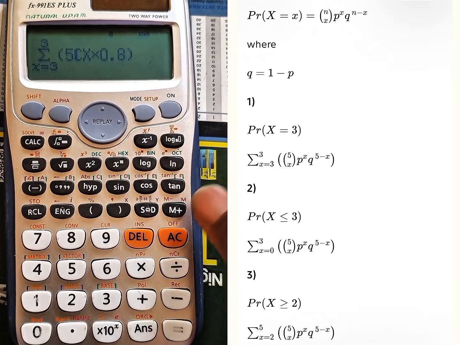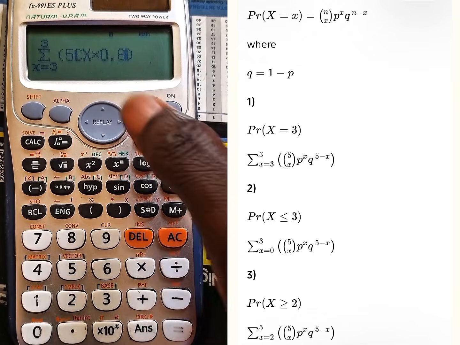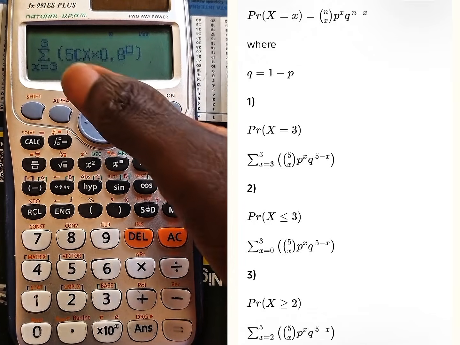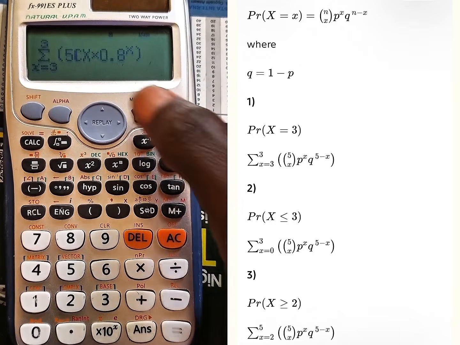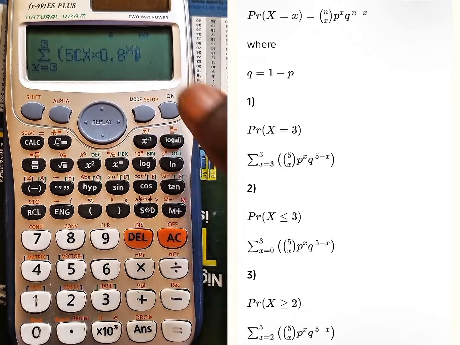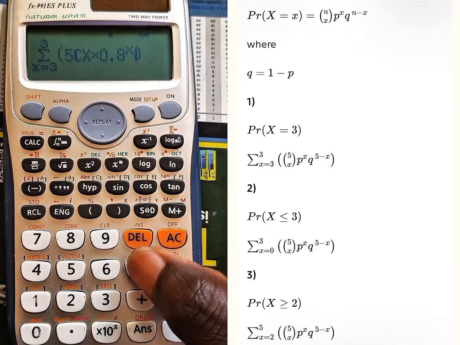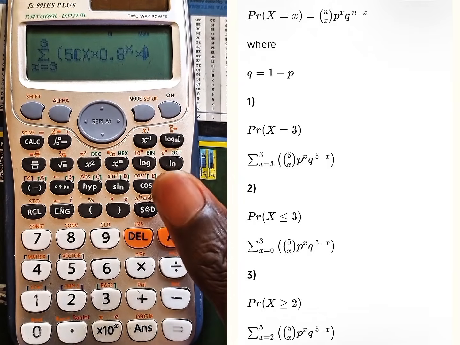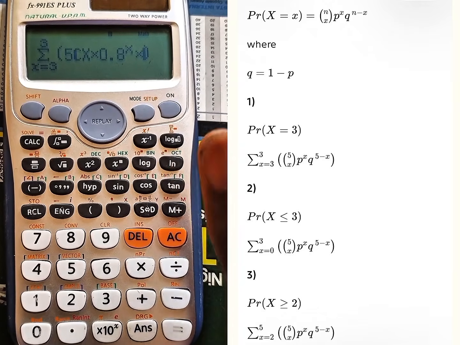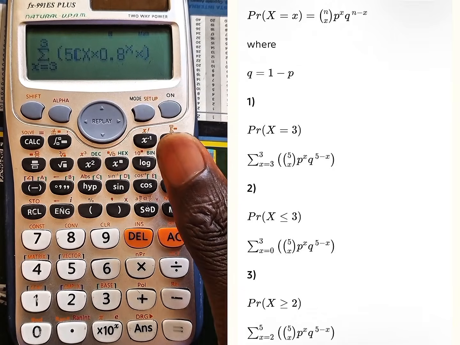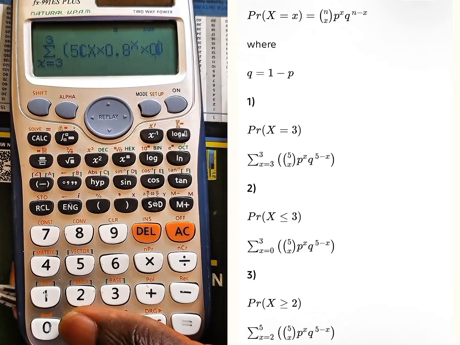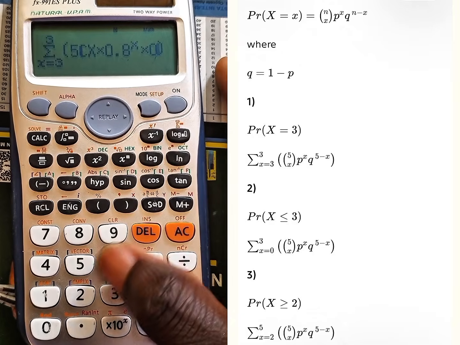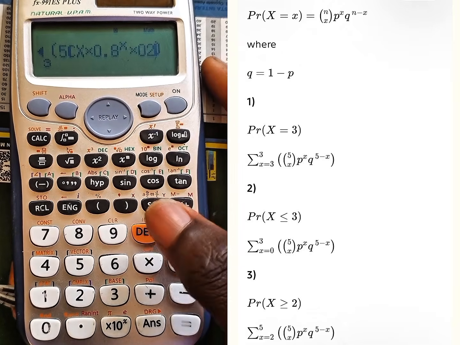It is to the power of x, so we raise it to the power of alpha x. Then we come back down to our bracket and multiply again with q, which is 1 minus p, so 1 minus 0.8 gives us 0.2.